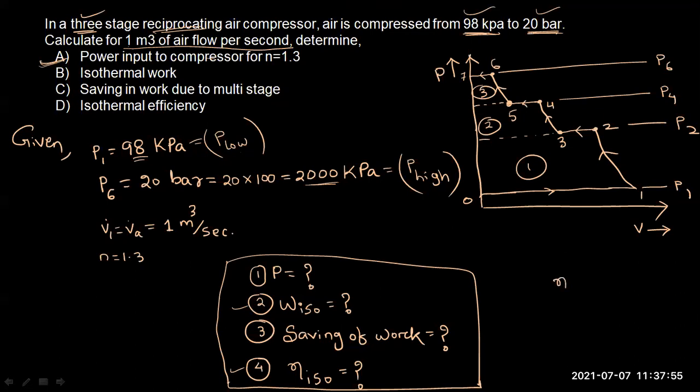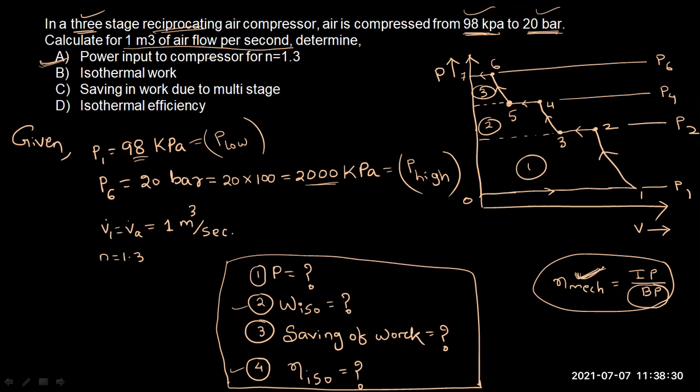Because what is mechanical efficiency? Mechanical efficiency for the compressor is indicated power by brake power. So if we have to calculate brake power here, then in the question they should mention mechanical efficiency.